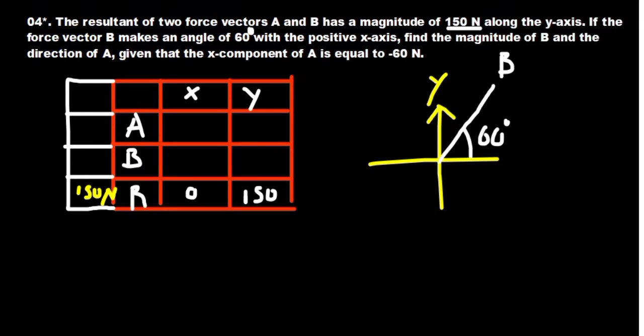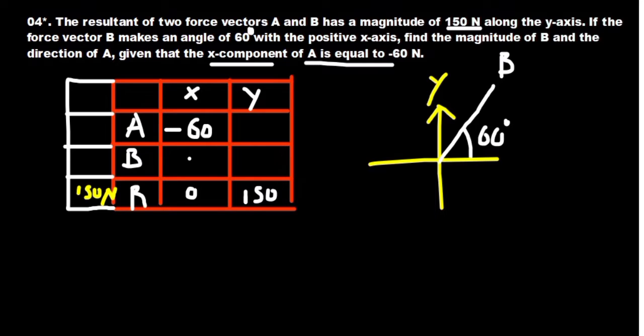Given that the x component of A is negative 60, we have negative 60 there. So we have two unknowns for the y. It's not easy to find two unknowns, but it's easier to find one unknown.